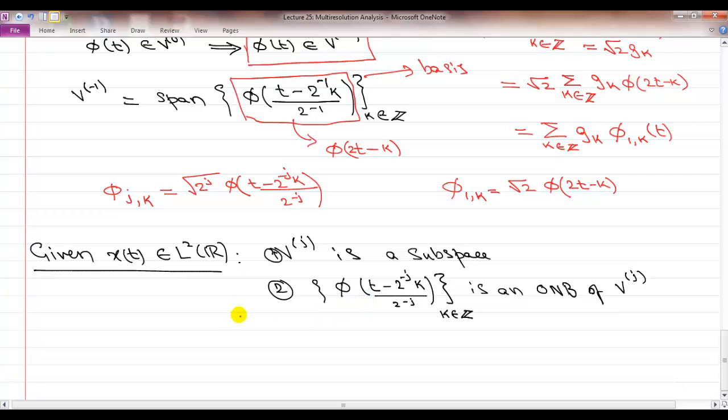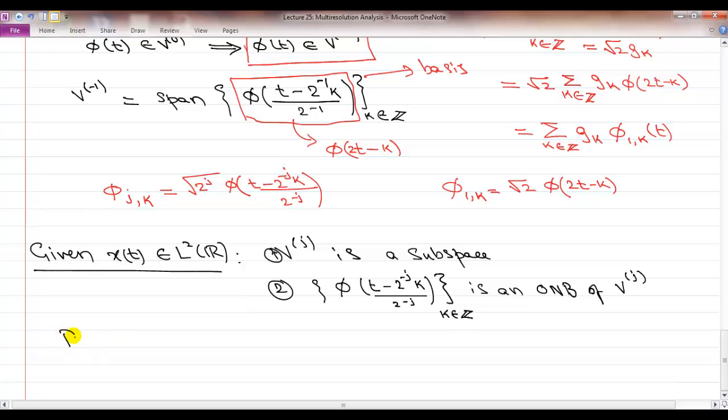So if I am given an x of t, I can ask myself, what is the approximation or the representation of that signal in that subspace? And that approximation is simply given by the projection formula.